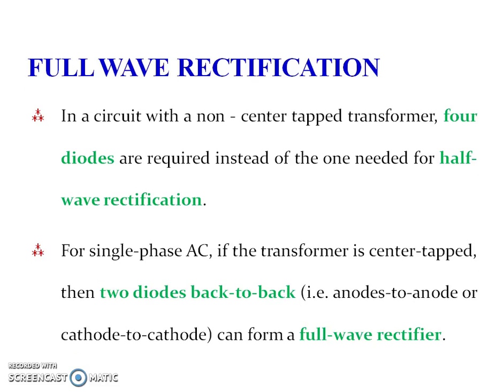In a circuit with a non-center tap transformer, 4 diodes are required instead of the one needed for half wave rectification. If the transformer is center tapped, then 2 diodes back to back, that is, anode to anode or cathode to cathode, can form a full wave rectifier.